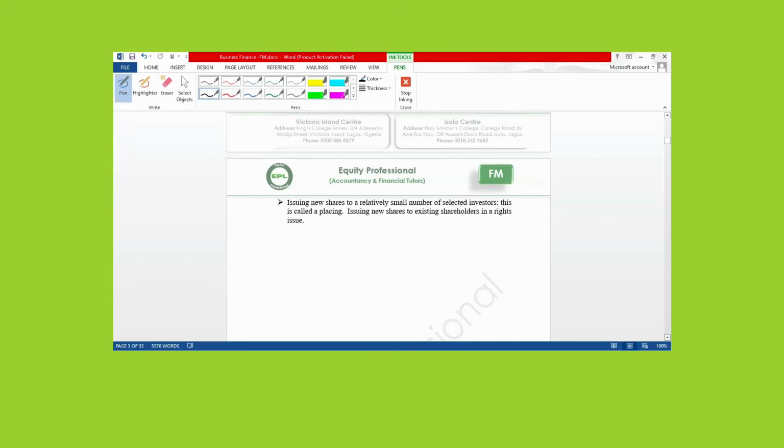This is called placing. Placing is issuing new shares to a relatively small number of investors. Usually, we call them institutional investors.